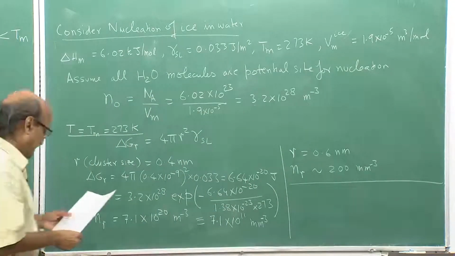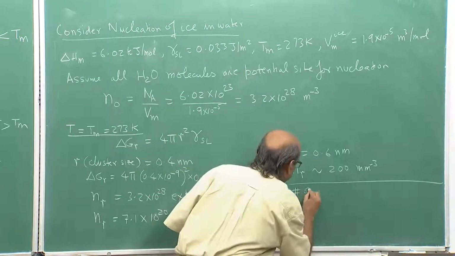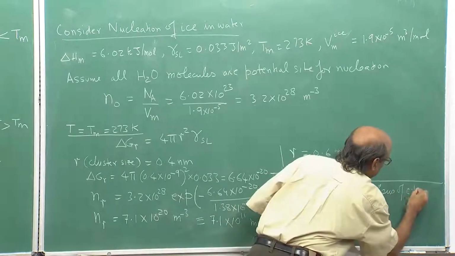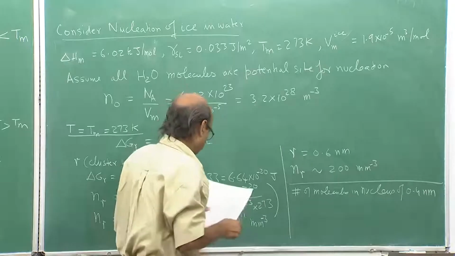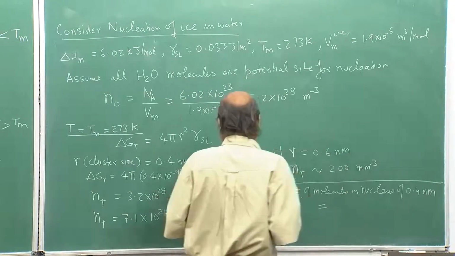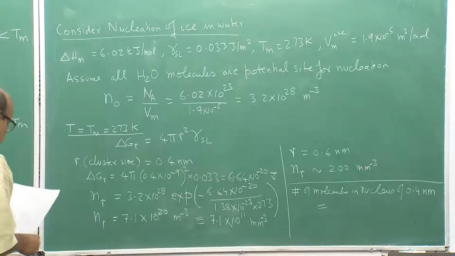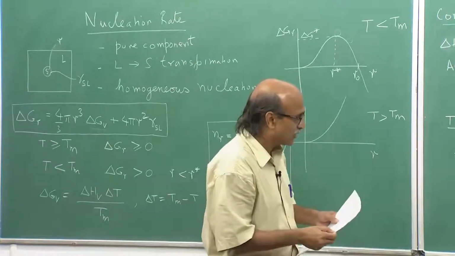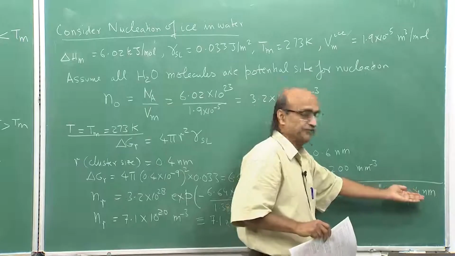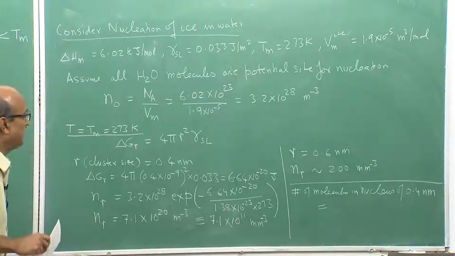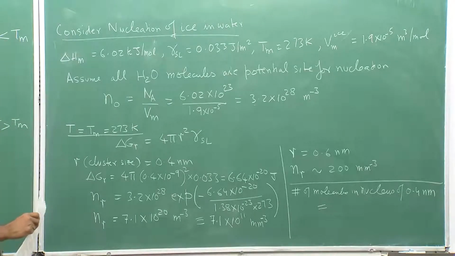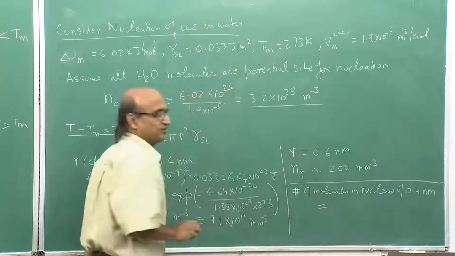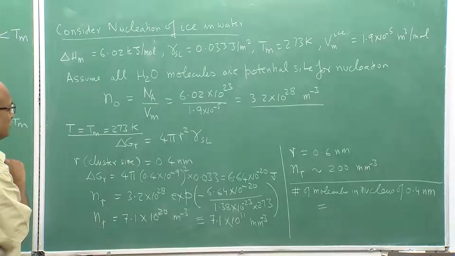So, the number of molecules in a nucleus of 0.4 nanometer radius would be simply, in fact, I will leave this as a problem for you to work out: the volume of the nucleus multiplied by the number of molecules per unit volume. Now, what is the number of molecules per unit volume? Well, it is just N0 itself, 3.2 into 10 to power 28 per meter cube.